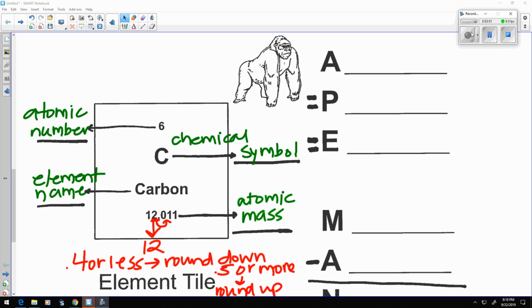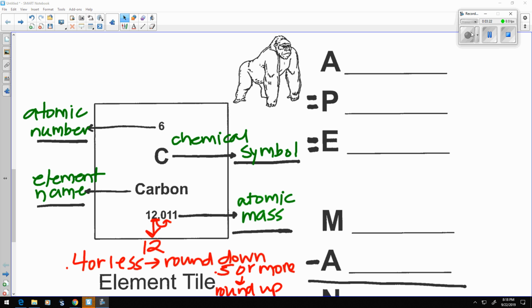You learned it yesterday. If you're struggling with it, find a way to remember. Always remember that the atomic number is that top number, that full number, and it also tells you something else. So the new step today is going to be APE MAN. And yes, I have a picture of an ape at the top so that you can remember that it is APE MAN, all right?